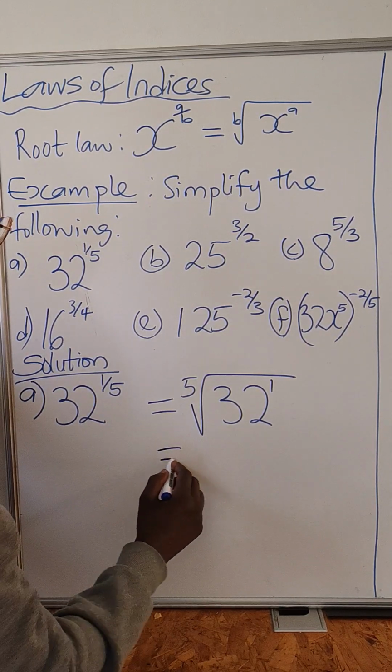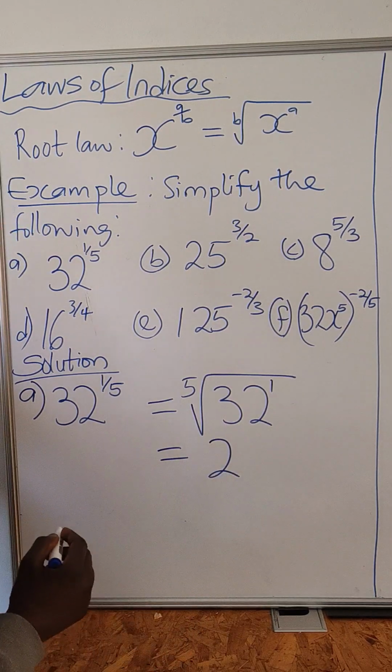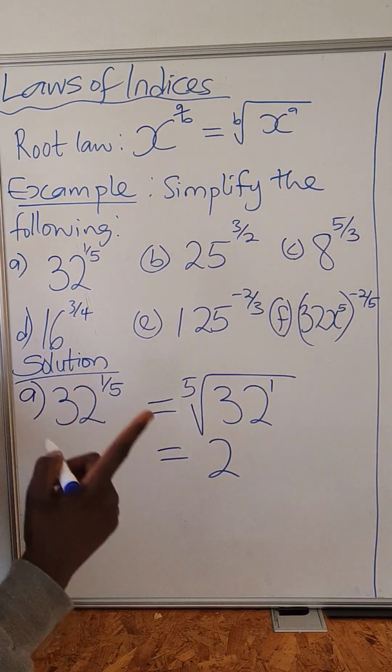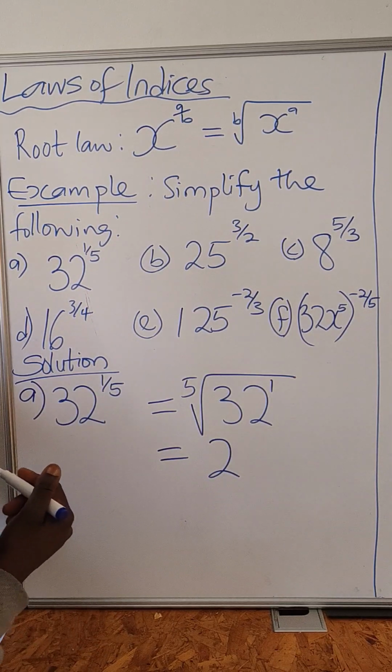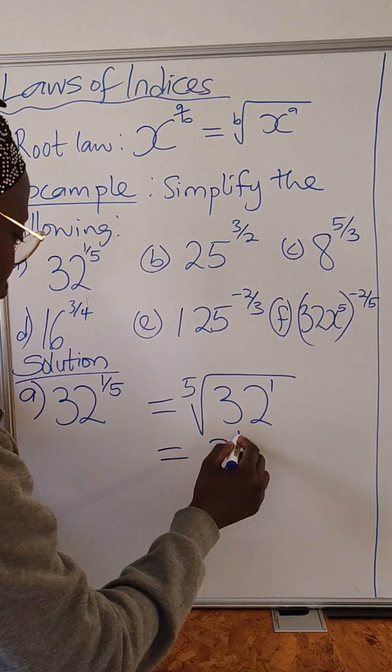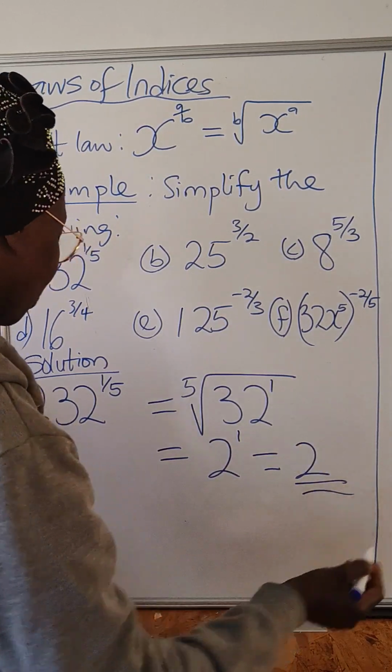The 5th root of 32 is 2, because the number that will be multiplied 5 times to give us 32 is 2. 2 raised to power 1 is 2. The answer is 2, viewers.